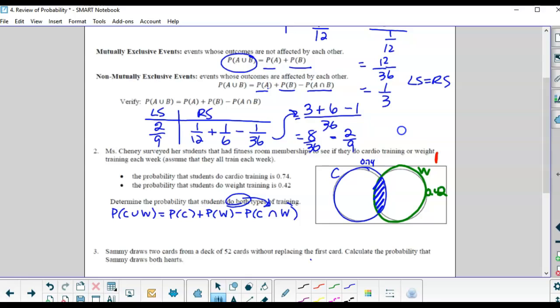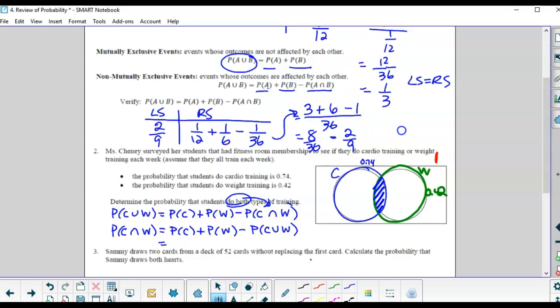So if I bring that to the left, that's C intersect W. So basically you're adding up the individual sets, the probability, and subtracting the union of them. And that will give you what the overlap was.